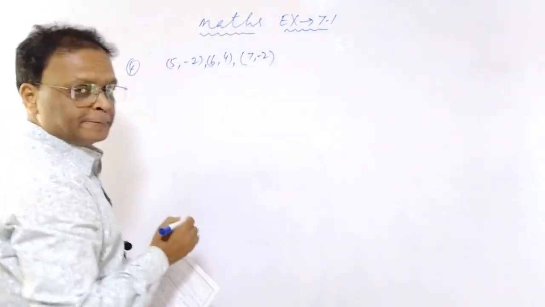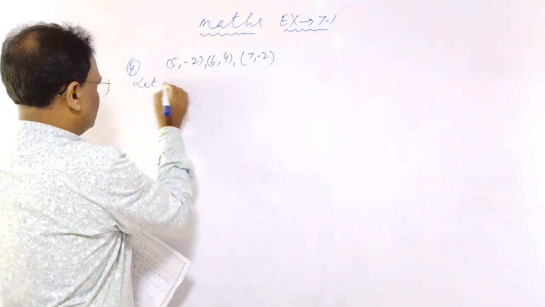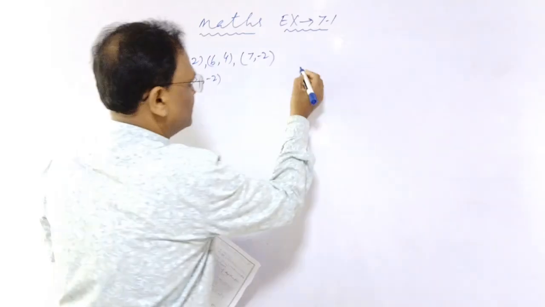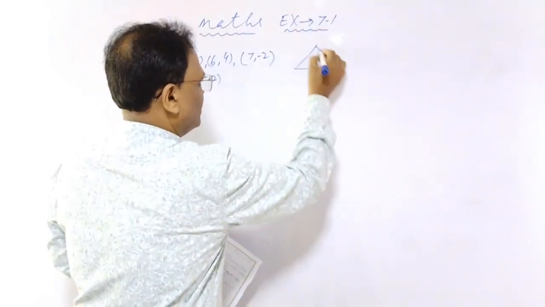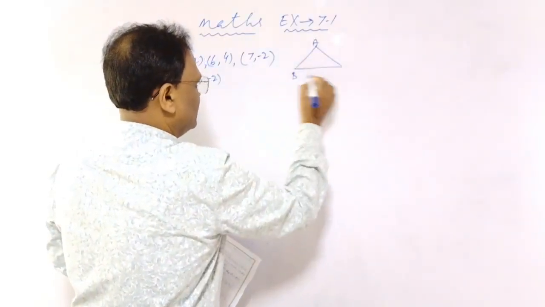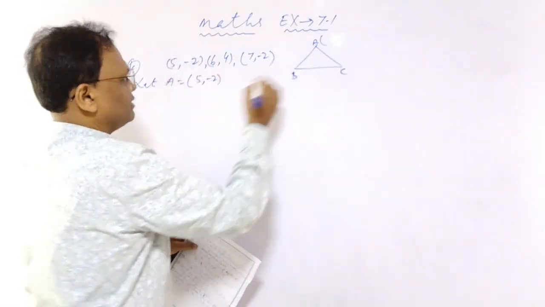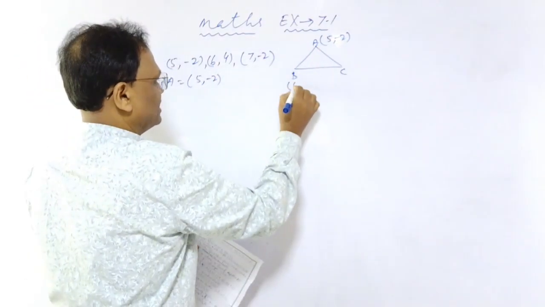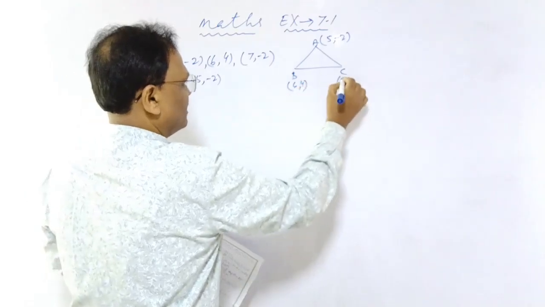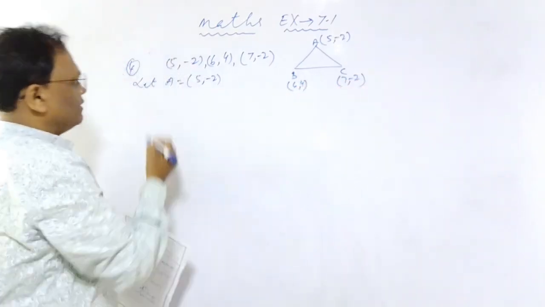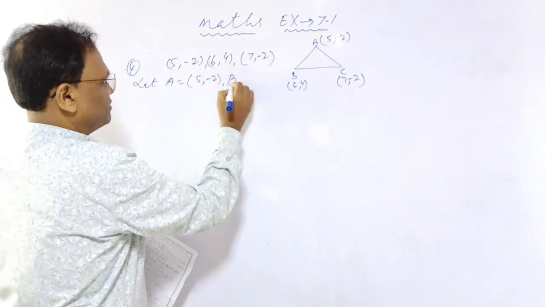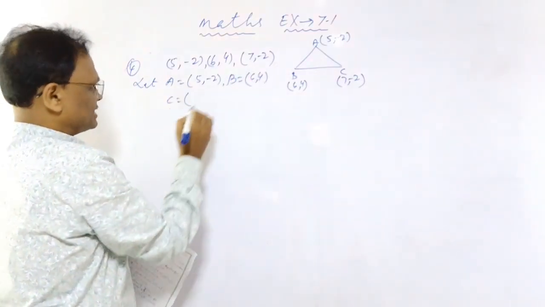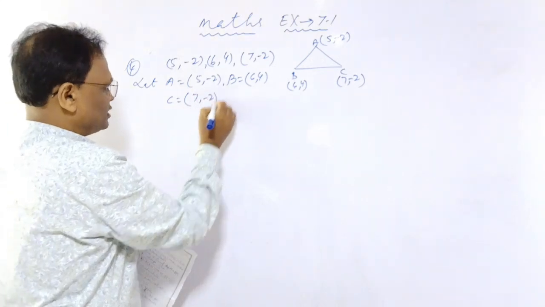Suppose this is a triangle. If I roughly draw one triangle ABC, the first I am taking as the coordinates of A, the second as the coordinates of B, the third as the coordinates of C. Let A is 5, minus 2, B is 6, 4 and C is 7, minus 2.